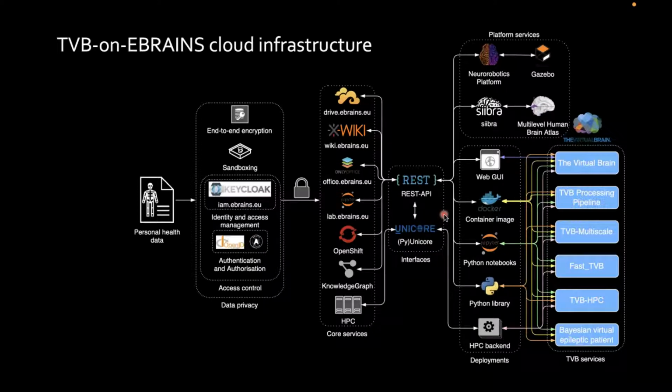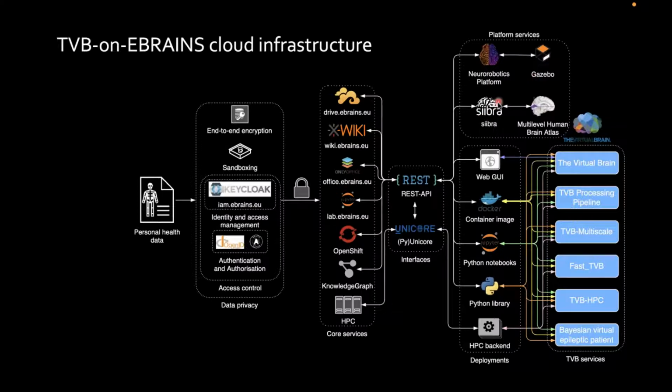So there is a certain security gap that aims to isolate this sensitive data from exposure to any number of people. So this data needs to be protected. And then we have different core services in EBRAINS that are heavily used and reused by different cloud services of this platform.